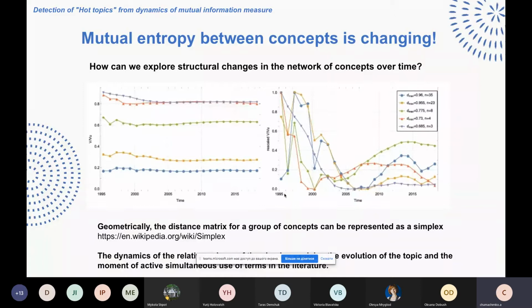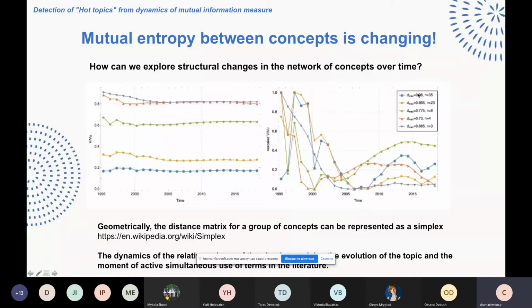And the good thing is that here we don't need any mapping. We are using just the geometrical interpretation of our distance matrix, and can very easily trace its dynamics over time. In this case, of course, we have only part of the information.